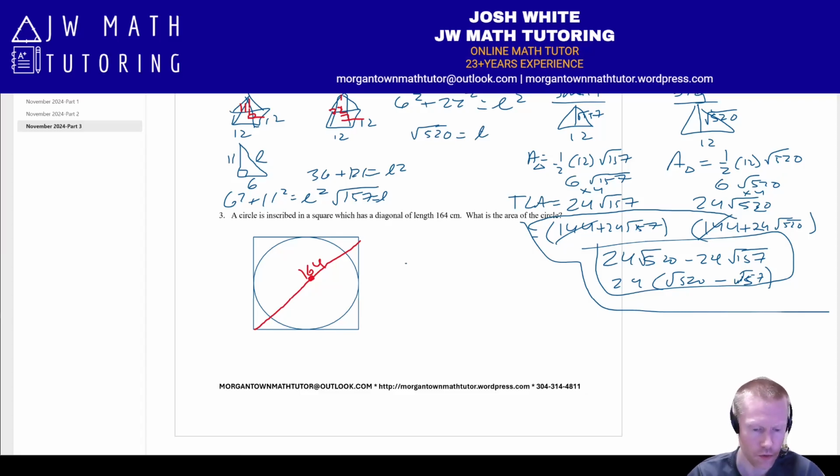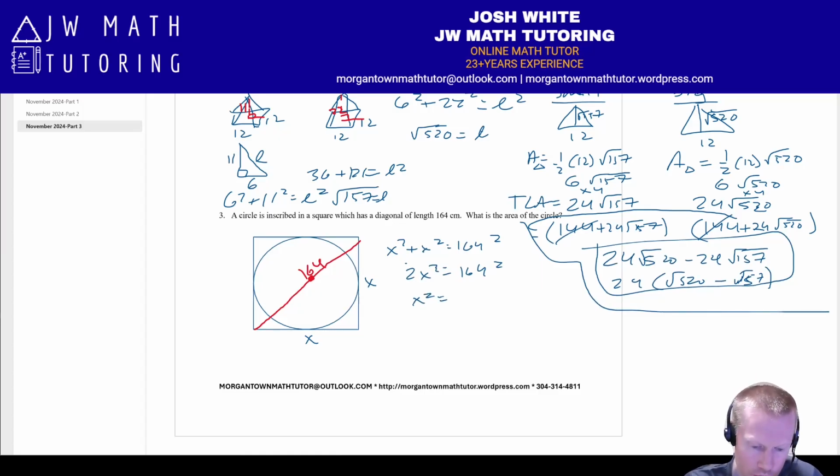So you can get the sides of the square in two different ways. You could technically use the Pythagorean theorem. You could say these are the same, so they're x and x. And it's x squared plus x squared equals 164 squared. 2x squared equals 164 squared. x squared equals 164 squared divided by 2.